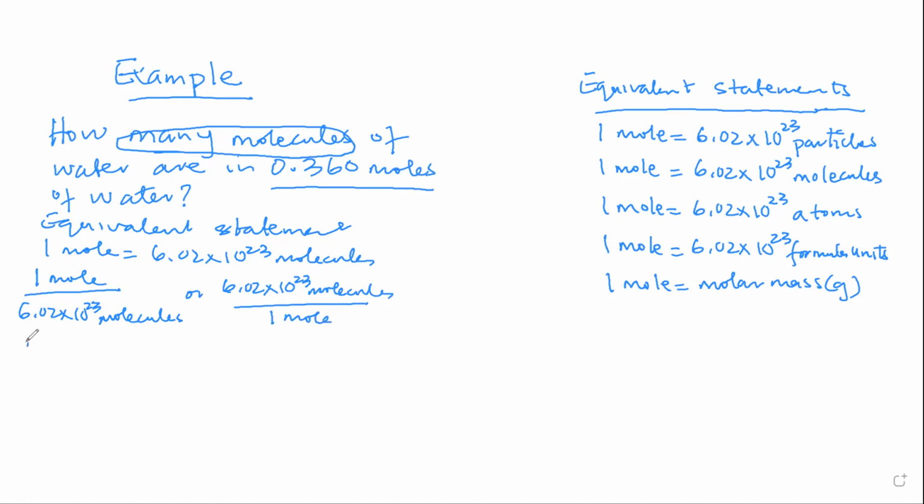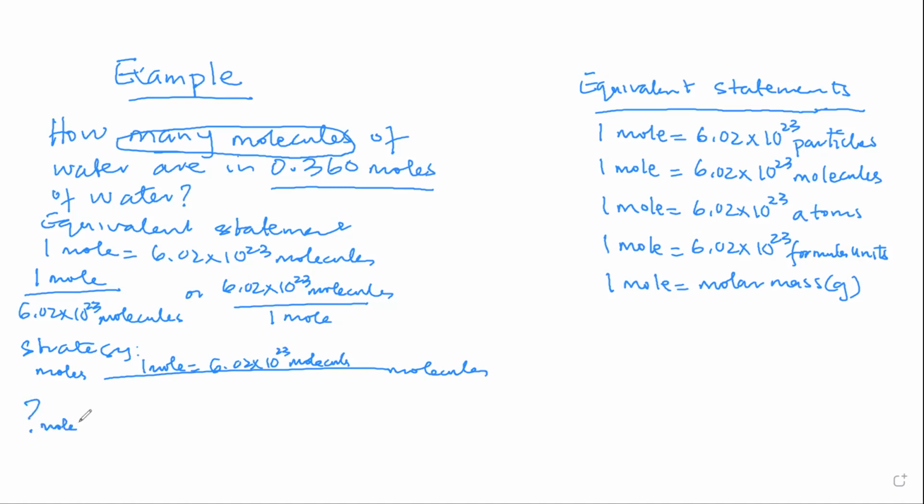Now, our strategy is we are going from moles to molecules using 1 mole equal to 6.02 times 10 to the 23 molecules. Then we solve, we want to figure out the molecules.